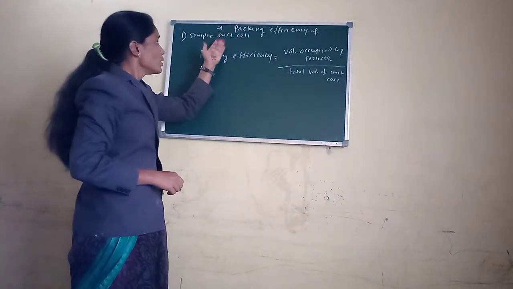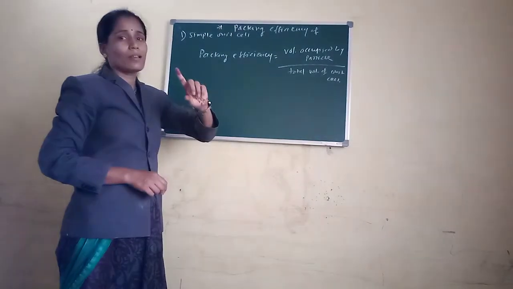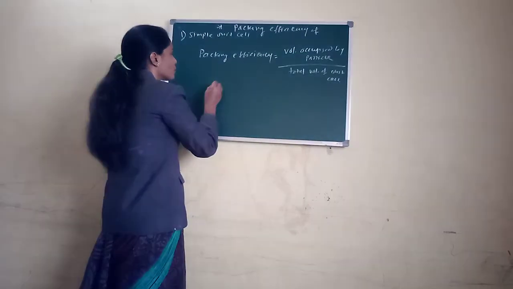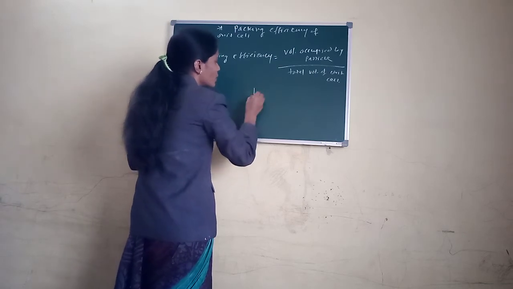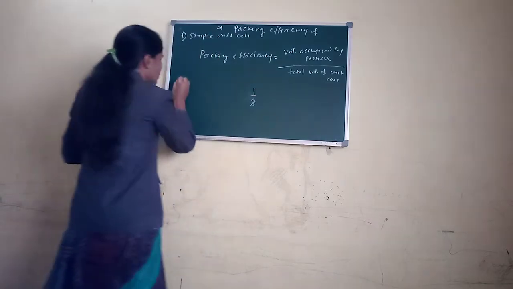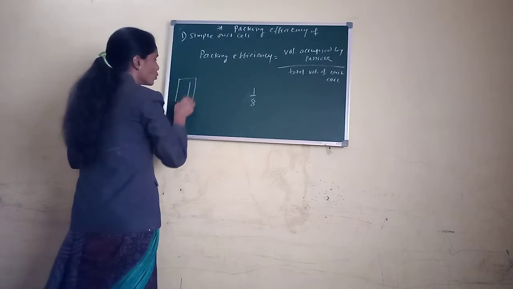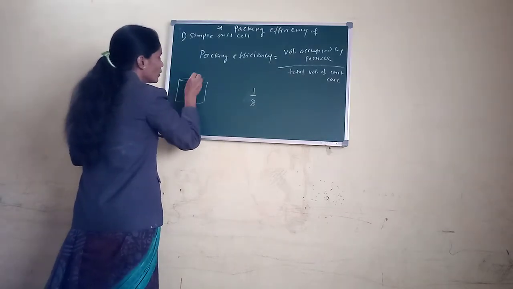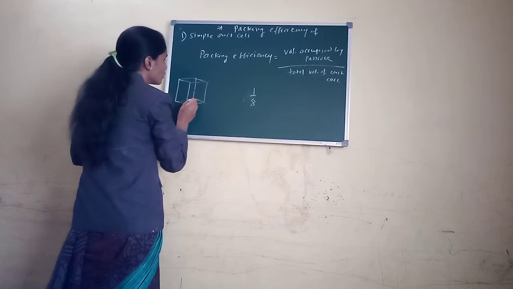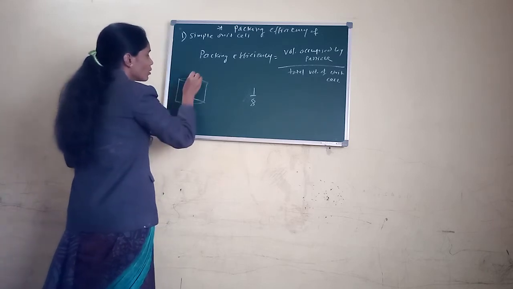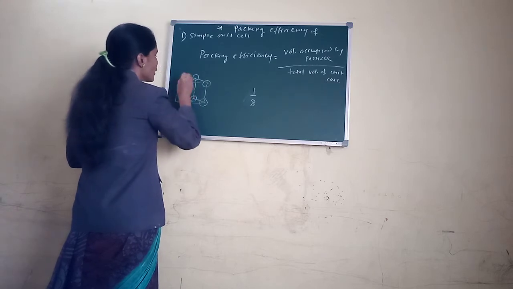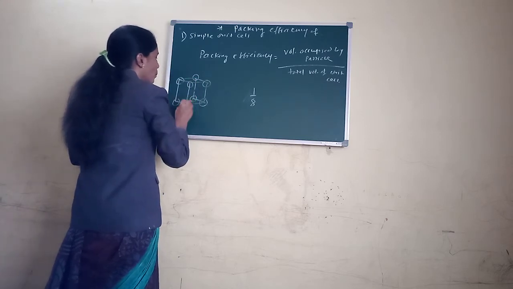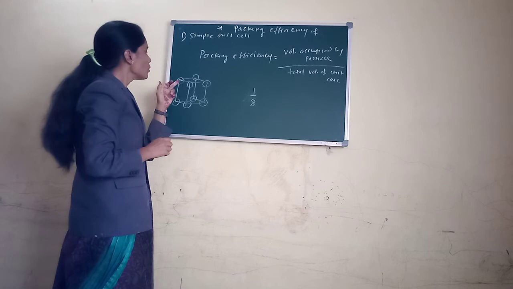In the simple unit cell there is one particle, that is 1/8. In the last lecture we saw the 1/8. This is a cube having 8 corners and each corner has a sphere.